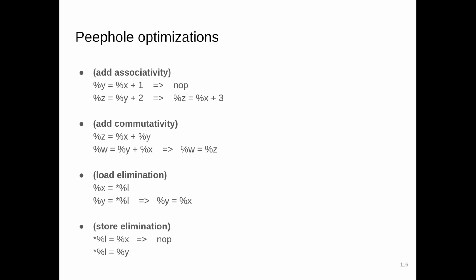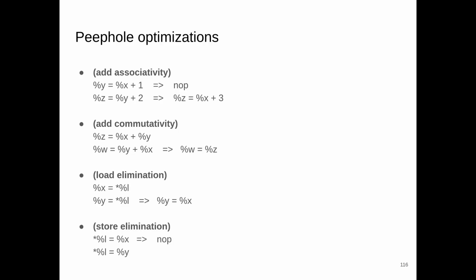But in the GVN optimization we implemented in the previous homework, it doesn't figure out that these two instructions are actually the same, because they are different in form. But here, we may be able to deduce that, because addition is commutative, z and w are actually the same. So we can just replace w equals blah blah with w equals z.